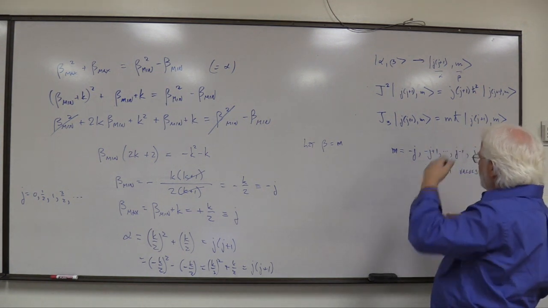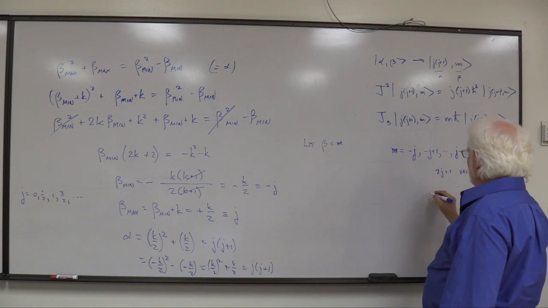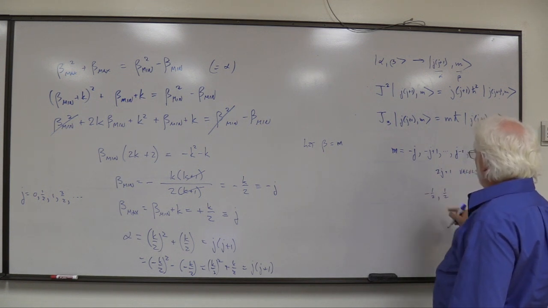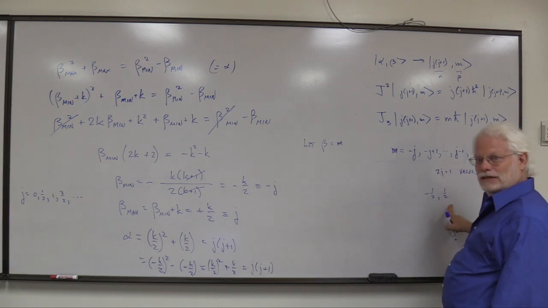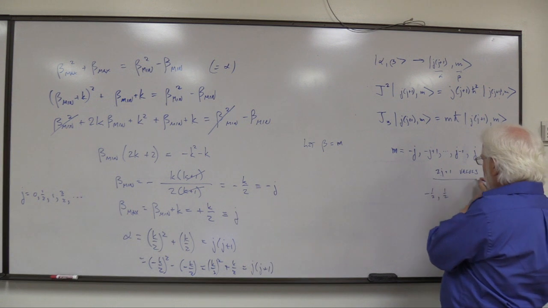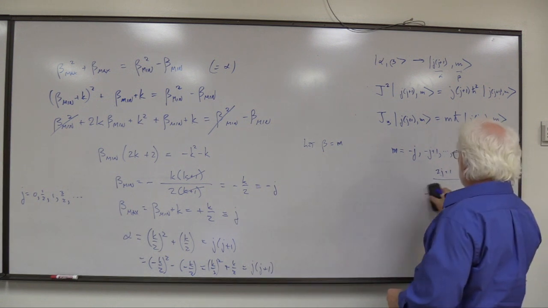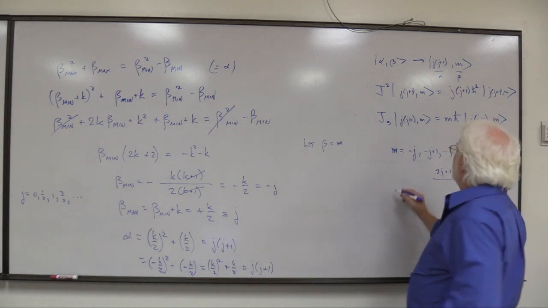If it's a half integer, you miss 0, but you go from minus a half straight to plus a half. 2 times a half plus 1 is 2, and there are 2 of these values. So there are always 2j plus 1 values for m.